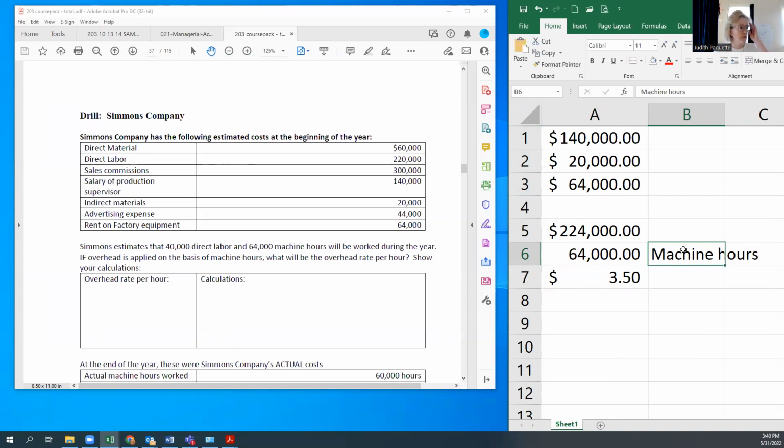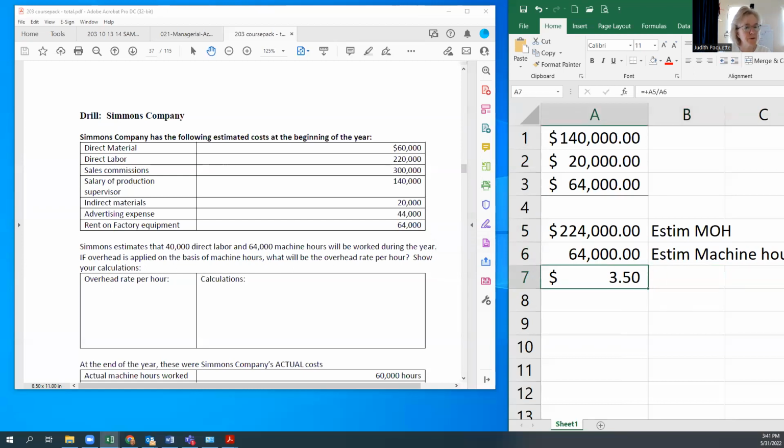Salary of production supervisor, yeah, it's part of production. Indirect materials, yes. Advertising expense, no. Rent on factory equipment. If you had depreciation on factory equipment, same deal. So you add up these 3 numbers and you say the total is estimated manufacturing overhead for the year. And then it's estimated allocation base, which in this case, overhead's applied on basis of machine hours. What's the overhead rate? 350.